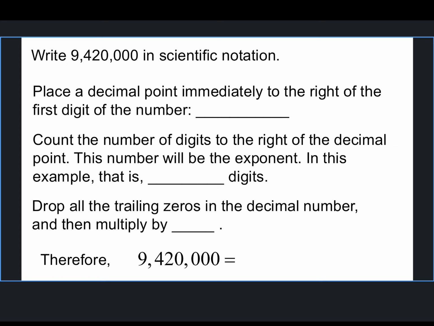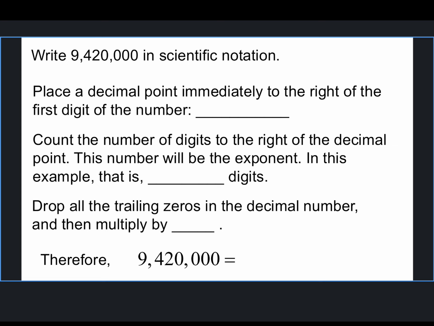Then we count the digits to the right of the decimal point: 1, 2, 3, 4, 5, 6. There's 6 digits, right?